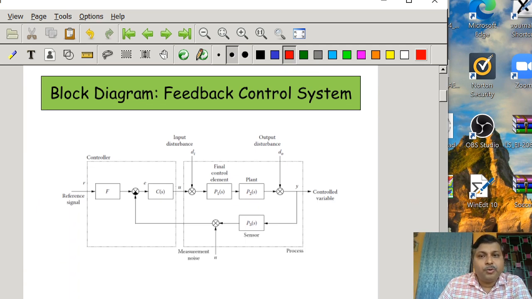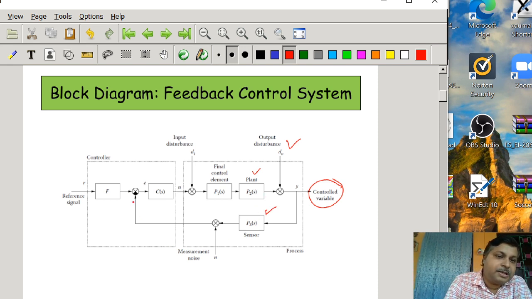In detail, the feedback control system has a plant that is affected by disturbance. Our objective is that the output of the plant, which is known as the control variable, has to be maintained at its desired value even if the disturbance is there. The control variable is measured by a sensor. The output of the sensor is compared with the reference signal given to the controller.